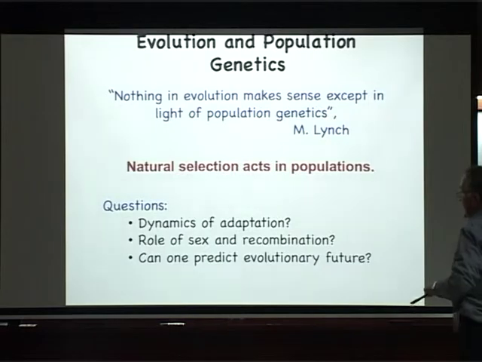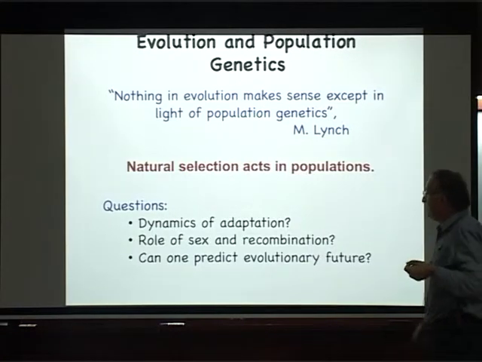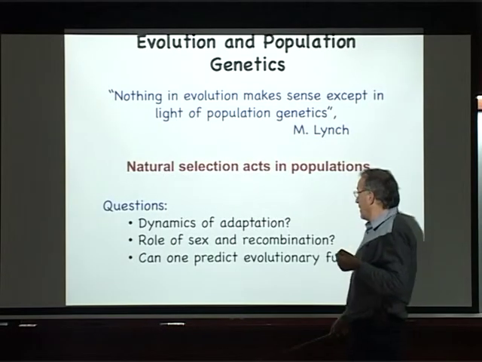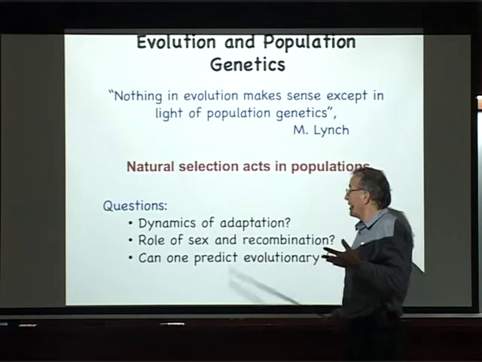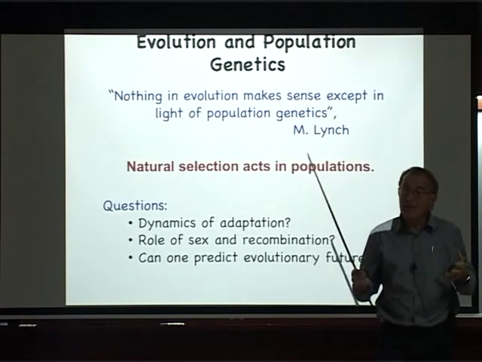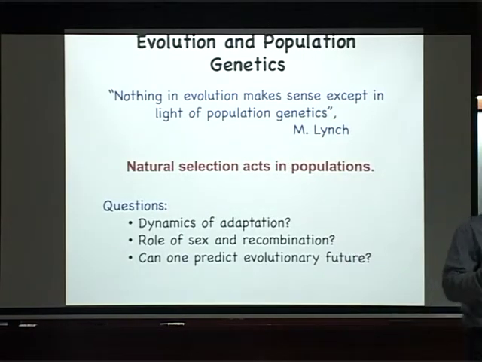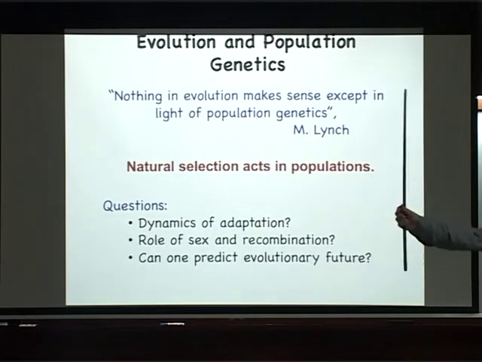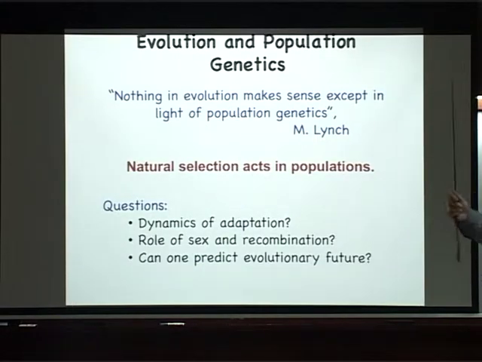And the kind of questions we want an answer to, which are very obvious in the context of my HIV example, is, well, how fast is the virus going to acquire drug resistance, right? How does it depend on how many mutations are required?